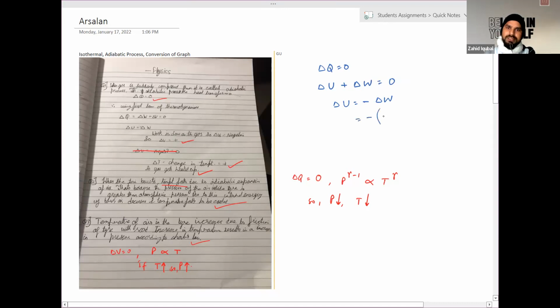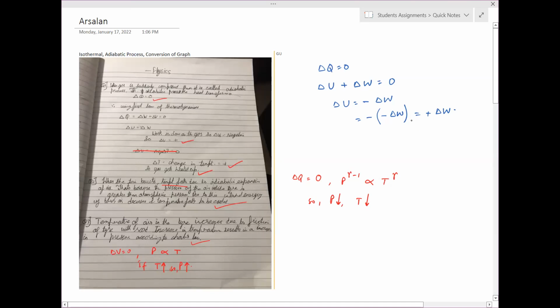So this is minus of minus work done. So minus minus becomes plus. It means change in internal energy is positive. So it means the temperature of the system will increase. Samira, why have I taken work done to be negative? Is it clear? So can you please explain?